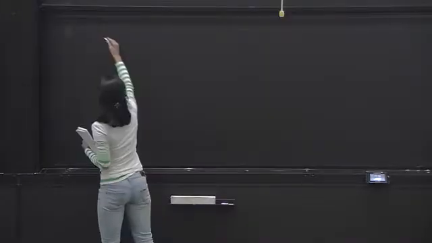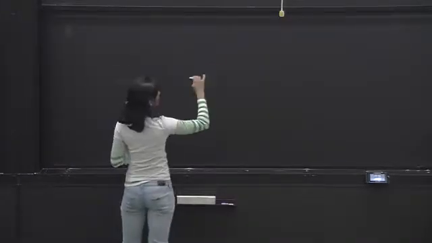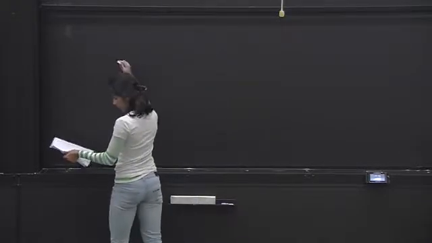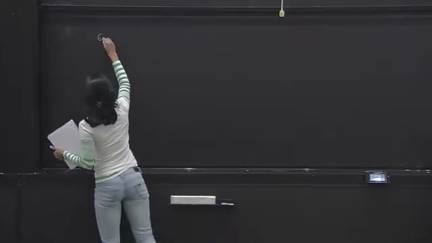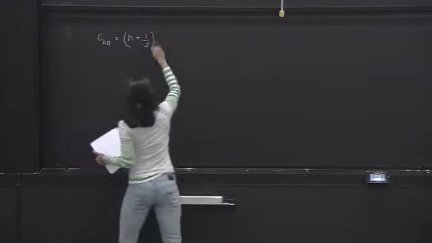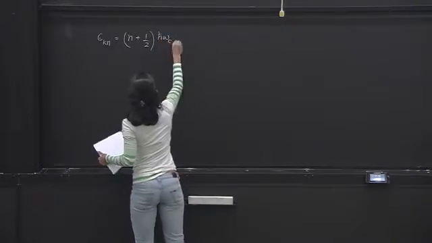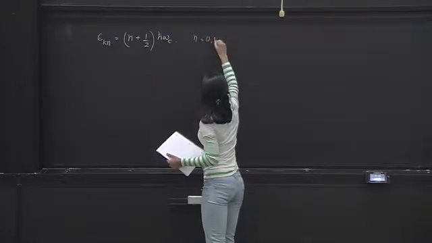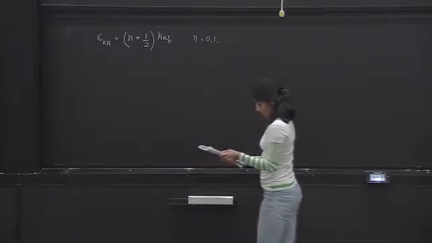So the energy of each k mode, where k parameterizes the momentum in the y direction, is given by the energy of a harmonic oscillator, n plus half h bar omega c, where n goes from 0 and is an integer.